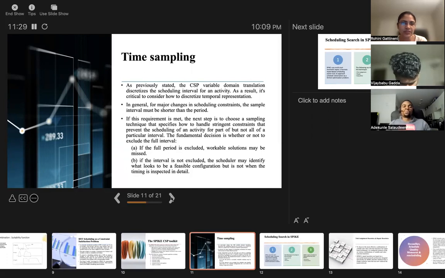If this requirement is met, the next step is choosing a sampling technique that specifies how to handle the straddling constraint. The main fundamental decision is whether or not to exclude the full interval. If the full period is excluded, workable solutions may be missed. If the interval is included, the scheduler may identify what looks to be a feasible configuration, but it is not when the timing is inspected in detail.